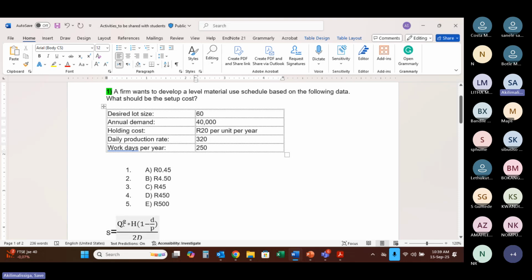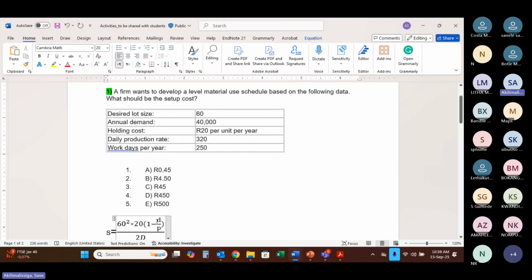So I'm going to replace the Q here with 60. On the other side, it says times H. H is the holding cost. Here we have 20 Rand per year as the holding cost, so I'll replace H with 20.